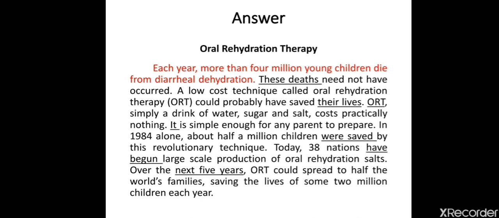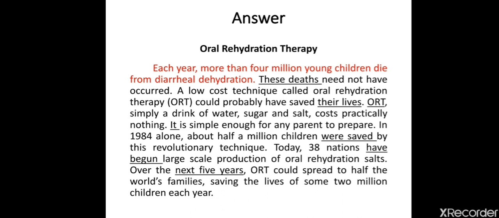The second sentence started with the death of these children, and the third sentence again talks about how their lives could have been saved through oral rehydration therapy. Now a new idea is introduced in the third sentence: oral rehydration therapy, in brackets ORT. So the fourth sentence talks about what ORT means.